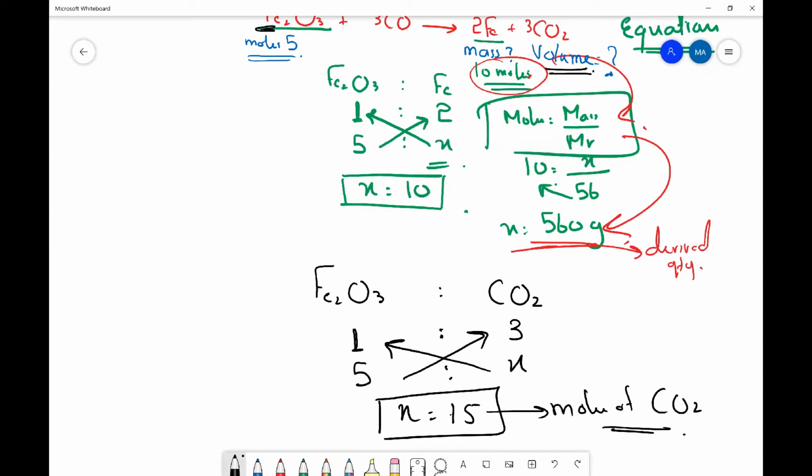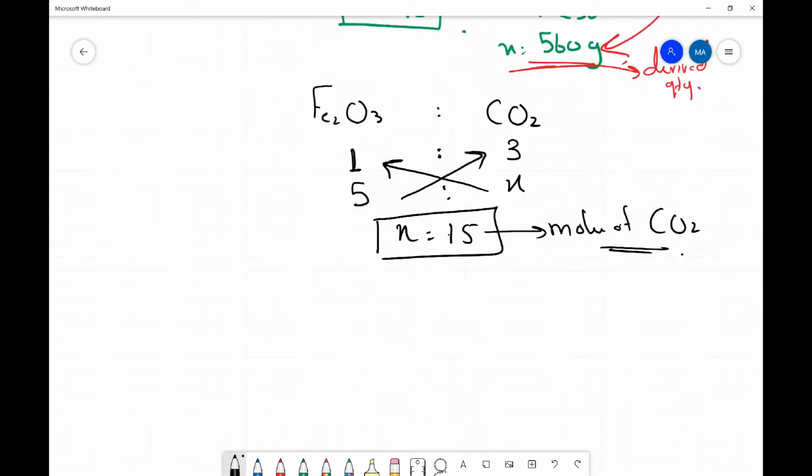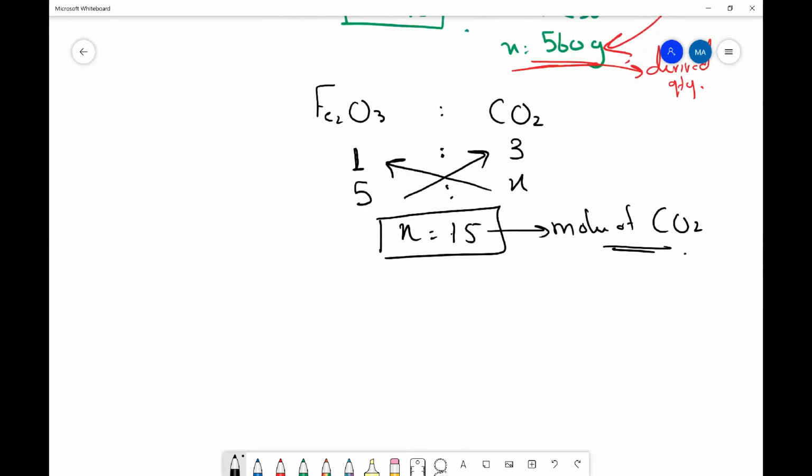I use the third formula. Absolutely. We're going to use the third formula. That is, no, third or fourth? The concentration one? We don't know the concentration, so how can we use that formula? Oh, then the fourth formula. The fourth one, yeah. So volume is equal to moles times 24 dm cube.